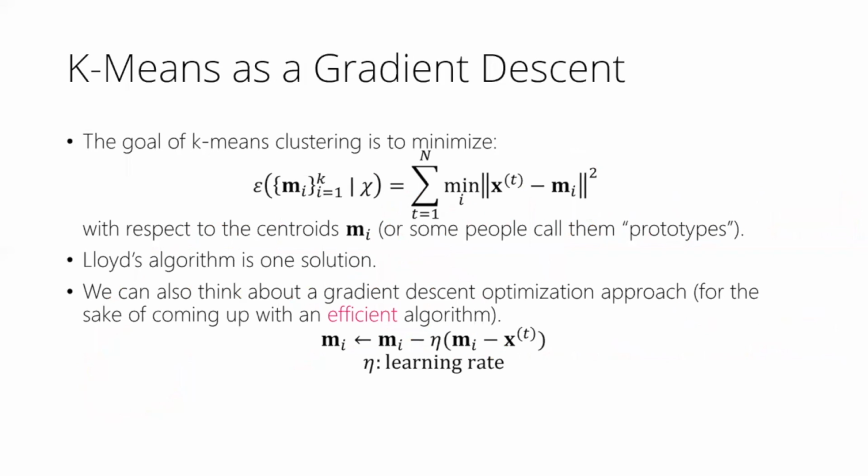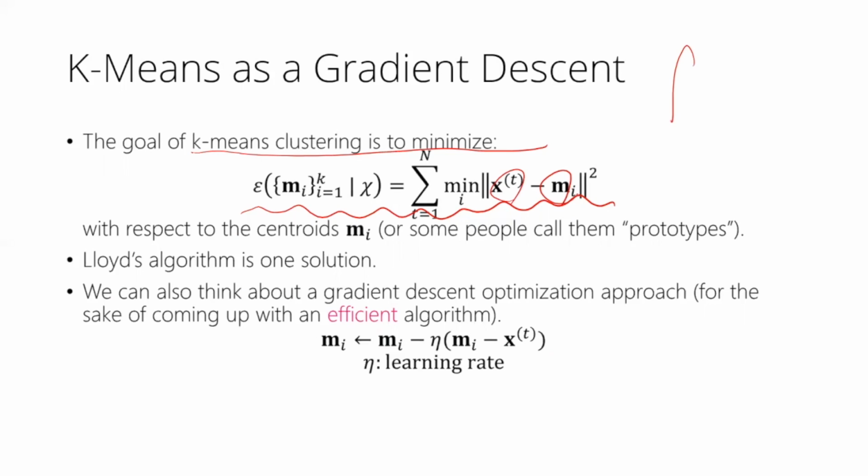So regarding that, here's one formulation that you may want to consider: formulation of the k-means clustering algorithm as a gradient descent problem. If you recall, the goal of k-means clustering was to minimize this equation over here, where the mi are the ones that we want to find, and x is essentially the data point. Now, instead of that heuristic of Lloyd's algorithm, here you can use the gradient descent algorithm. The idea of gradient descent is to use the gradient of a function value.